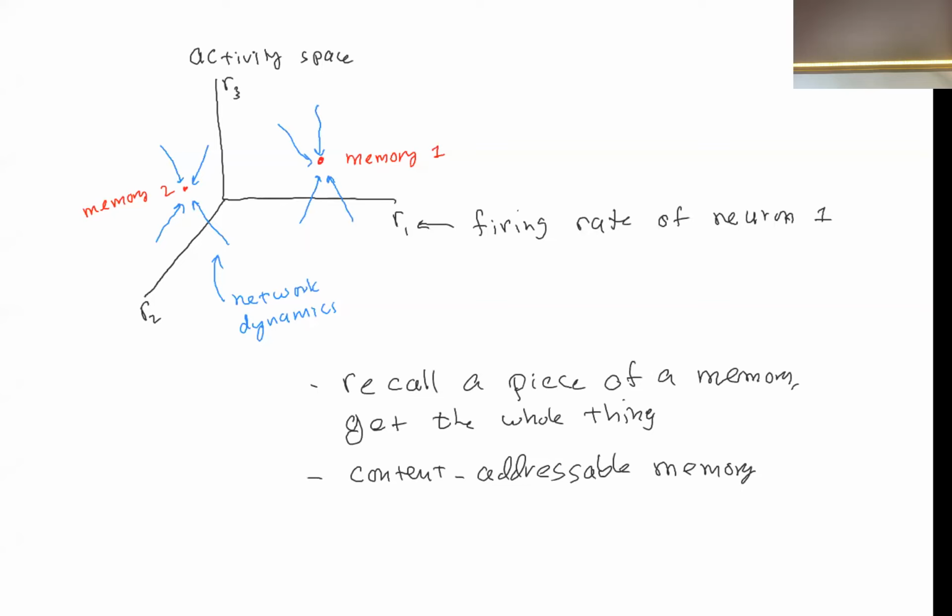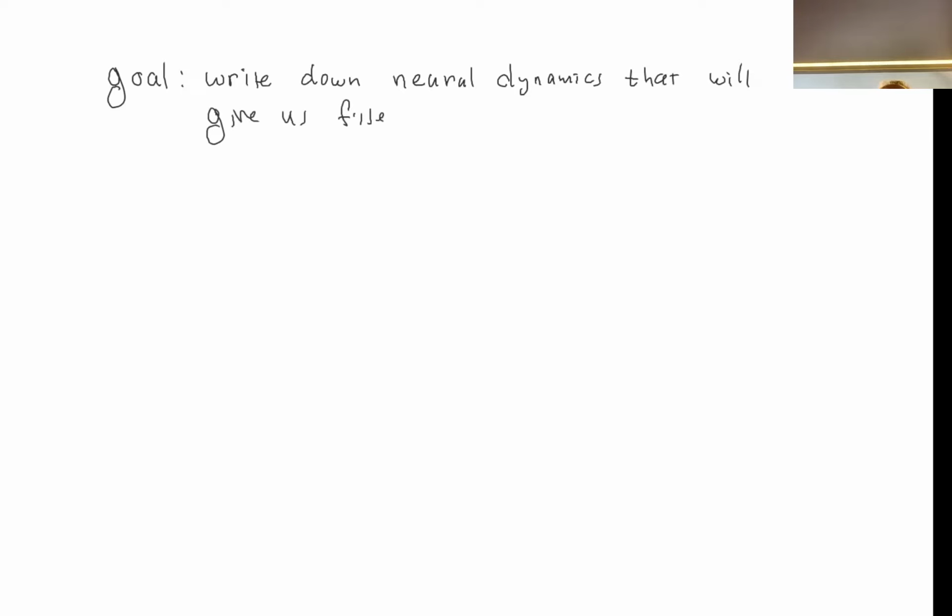So what we want to do is write down neural dynamics that's going to give us a bunch of fixed points. So that's the goal. And we're going to use insanely simplified dynamics.